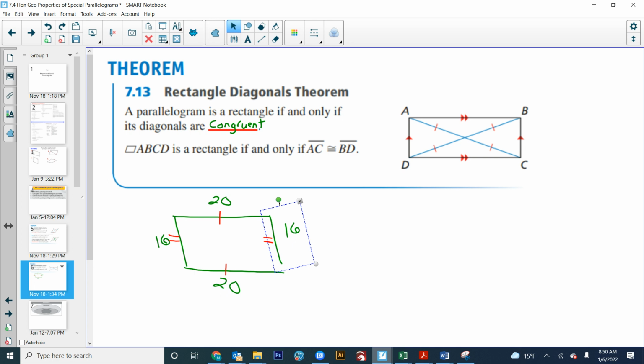You measure each diagonal. Let's say this diagonal is longer than this diagonal. Not a rectangle. Just a parallelogram. So you kind of bring this fence over and bring this fence over because you knew that was the longer diagonal. And then do it until the diagonals are congruent. And if the diagonals are congruent, now it's a rectangle. You see what you do there?